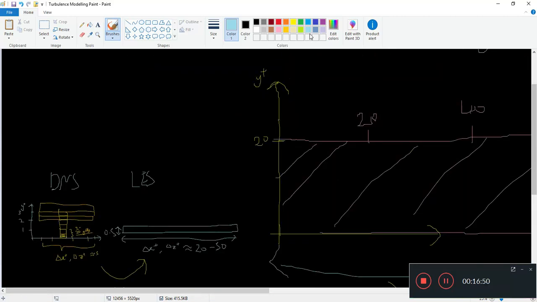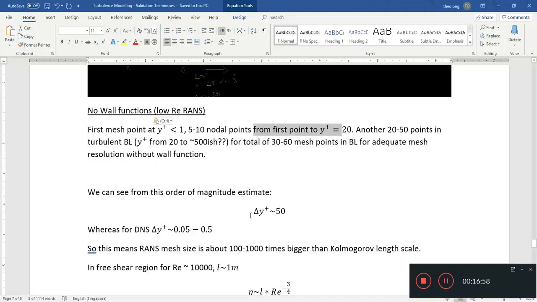If you don't have wall functions, then you kind of have to split this up to about 10 units here. That means it's looking more like a LES grid. So another 20 to 50 points from y plus equals 20 to 500.